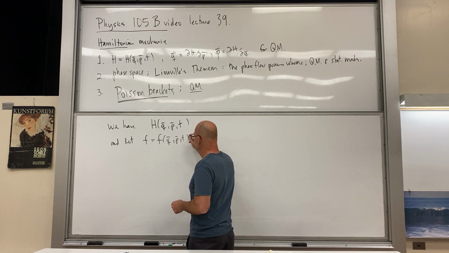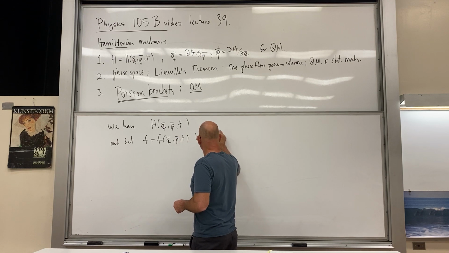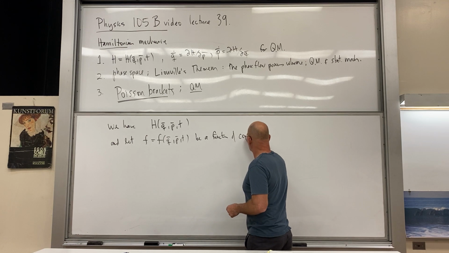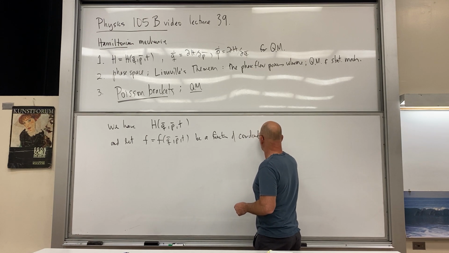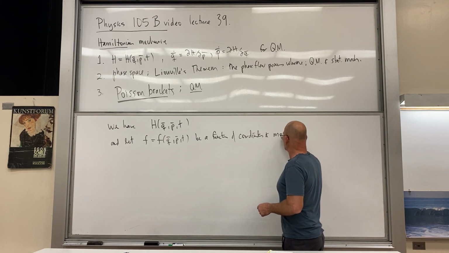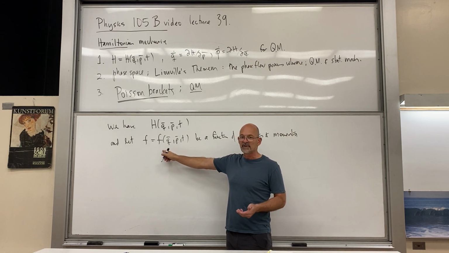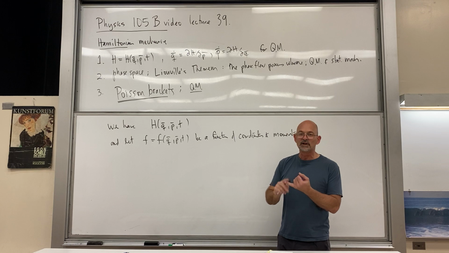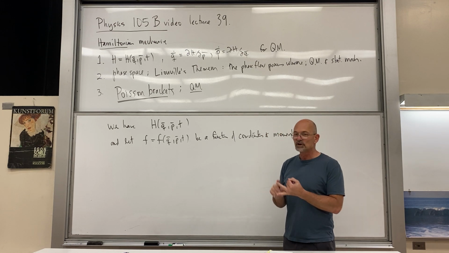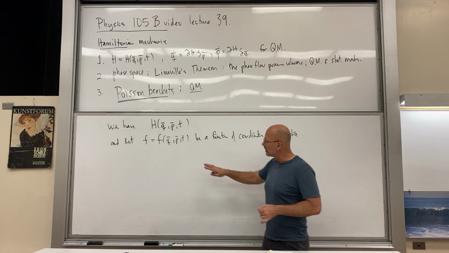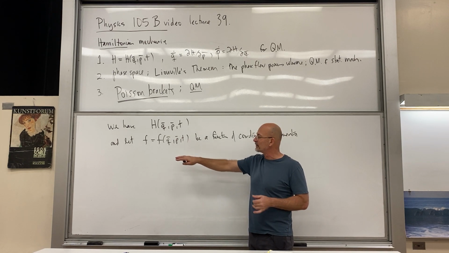That's redundant, but let's go ahead and say it. Now, of course, the Hamiltonian itself is an example of this, but other constructs, linear momentum, angular momentum, are also functions of the coordinates and the momenta.